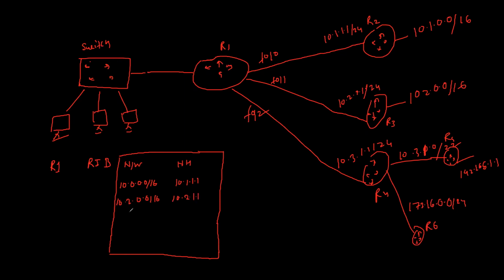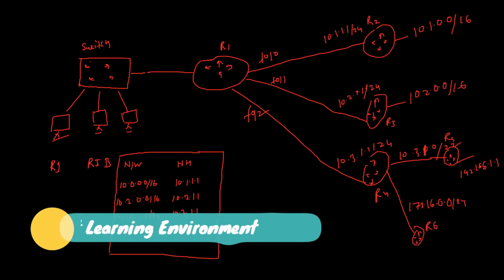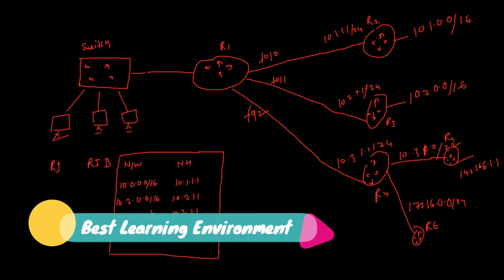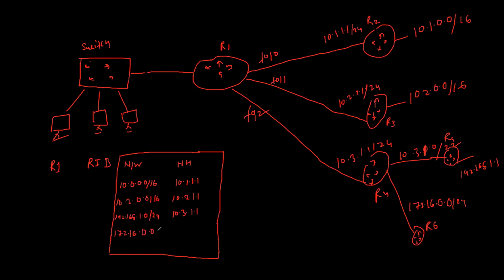And let's say there is another network, 192.168.1.0/24. It is coming from where? 10.3.1.1. And there is another network, 172.16.0.0/24. It is coming from the same 10.3.1.1. This is a RIB table.